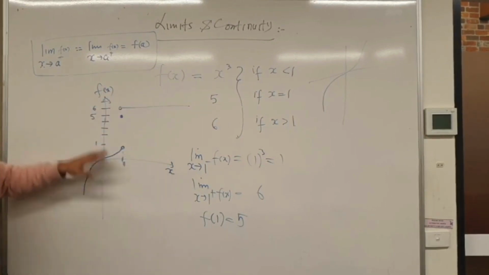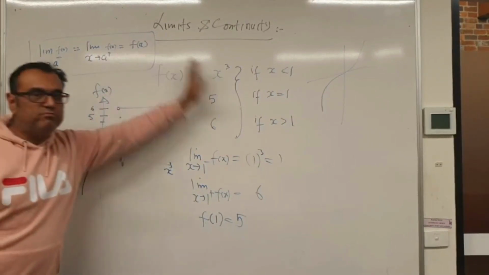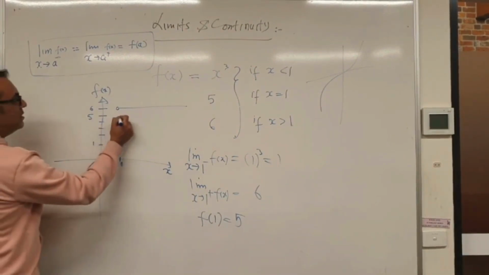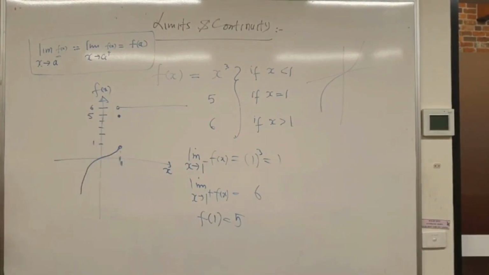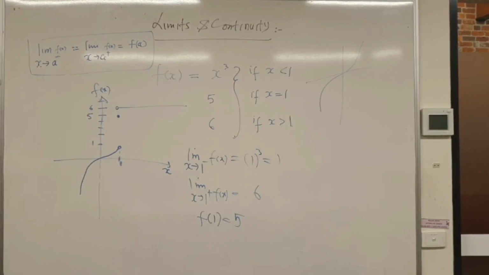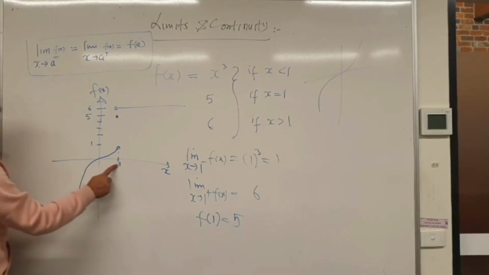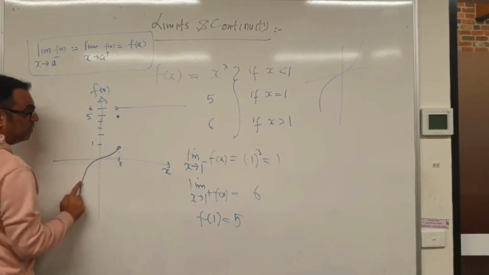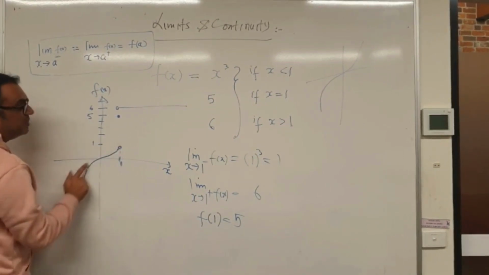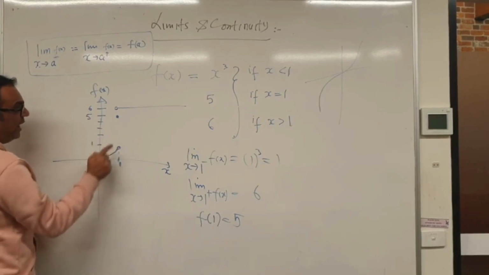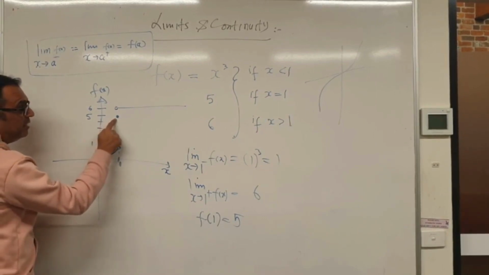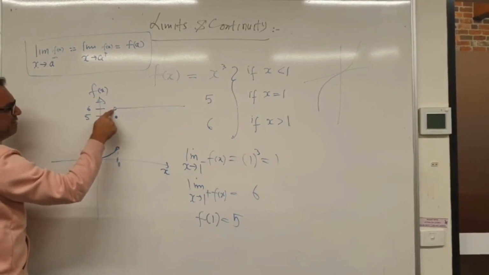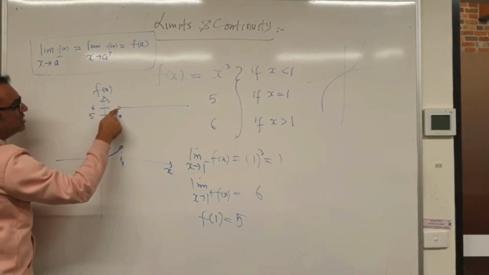So looking at this graph, if I take that off the board and just give you this graph and ask, is this function continuous? No, not on earth, because at 1 it's giving me 5, but if I approached from the right, it should have given me a 6, and 6 is not there.